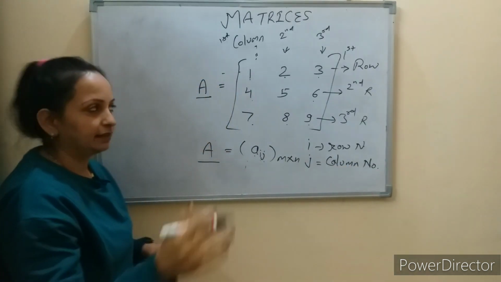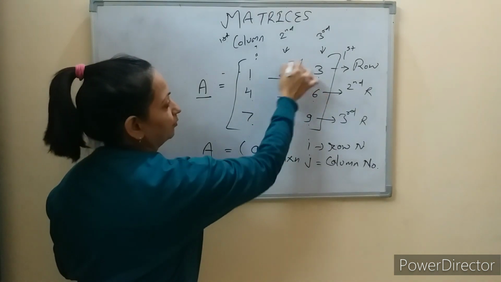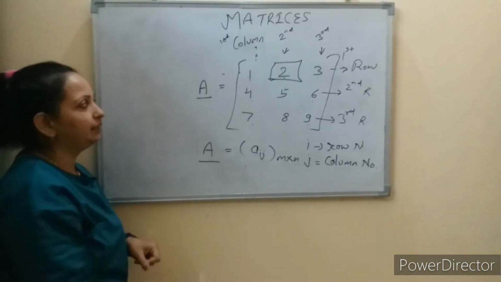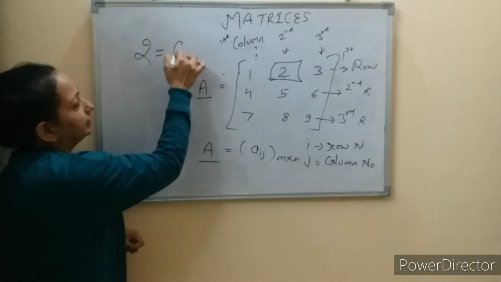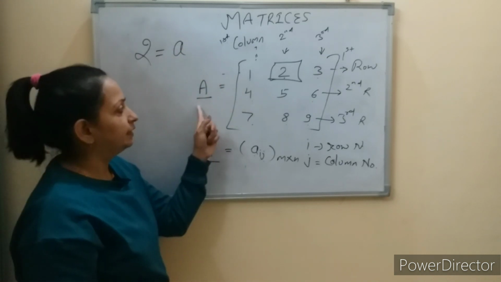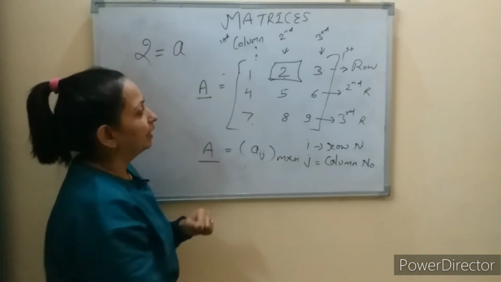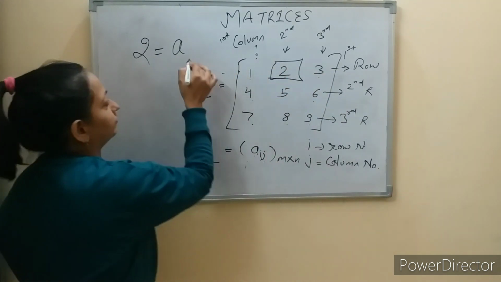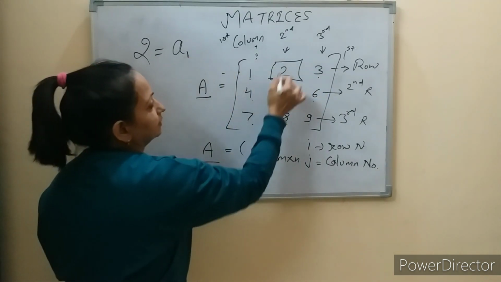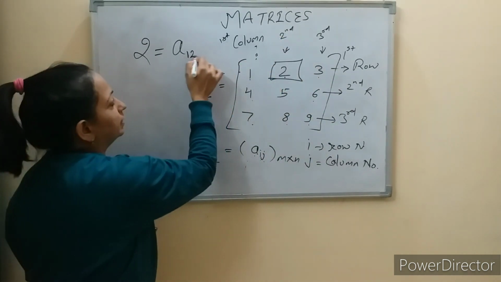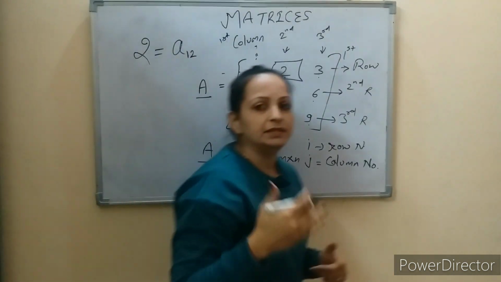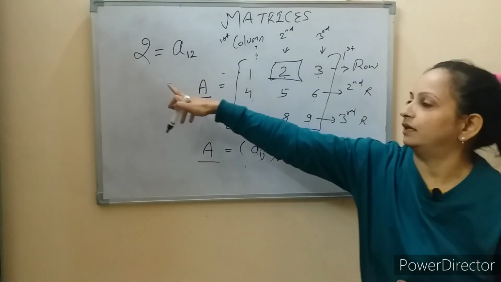Okay, let's understand this. If I am talking about this particular element, so 2 is small a because it is an element of capital A and its row number, it is in first row and it is in second column. So I will write A1,2 and that will denote my element 2.